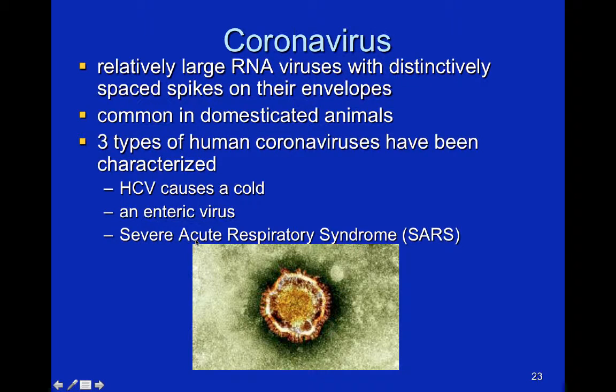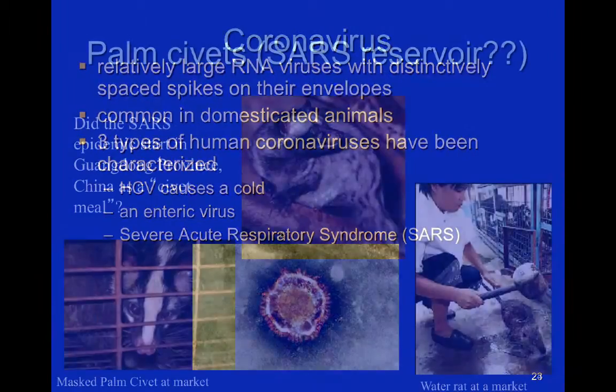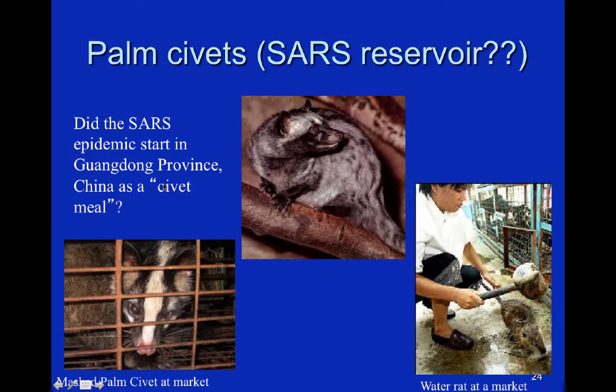And then the most severe of this family would be SARS, which stands for Severe Acute Respiratory Syndrome. It's thought that the origin of SARS was from a civet cat, which is consumed as a meal in certain parts of the world. So in China, it seems that this animal may have actually started the SARS outbreak.